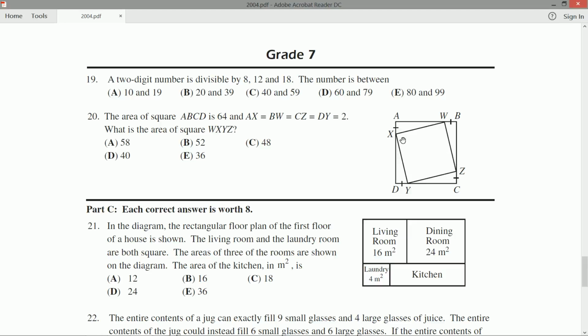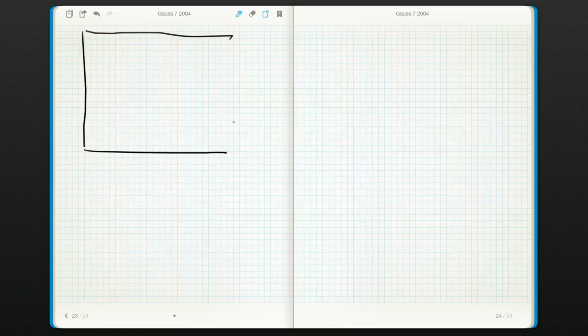But we want to ask, how do we get an answer here? I can think of 2 ways to work out the answer off the top of my head, and then a couple of variations that are just sort of unnecessarily fancy. But let's do as we always do and redraw the picture. For the first little bit we'll have to do some diagram chasing, figure out some of the other lengths here.